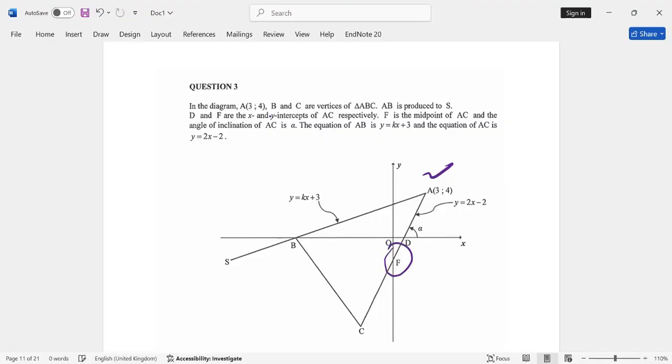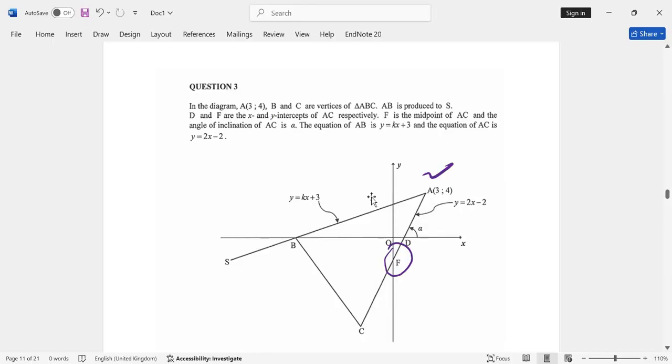The angle of inclination of AC is alpha. Okay, this is the angle of inclination. So the equation of AB is y equals to kx plus 3 and the equation of AC is y equals to 2x minus 2.